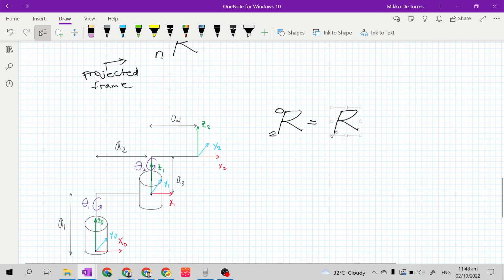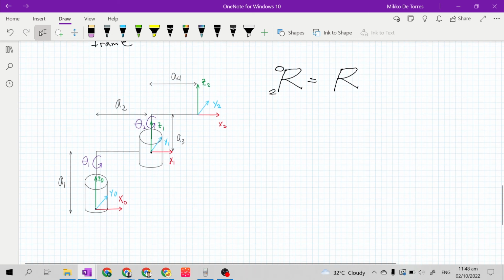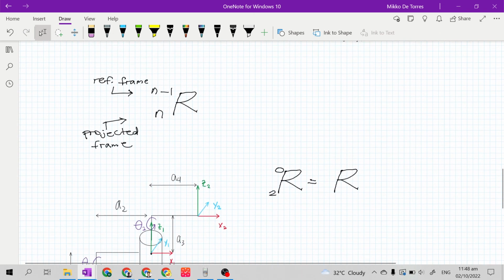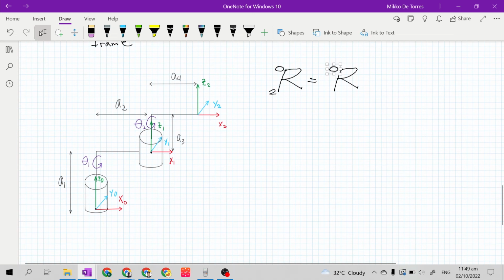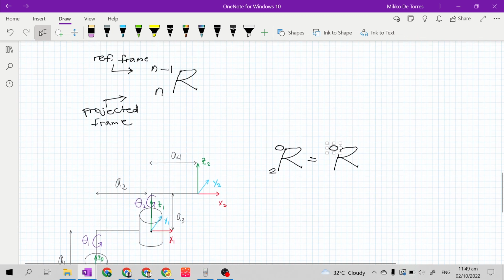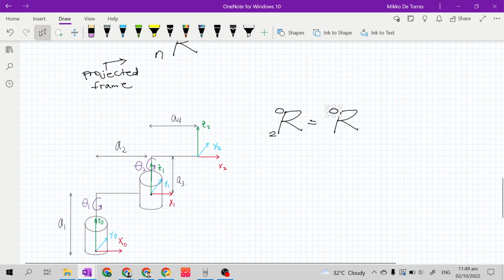So let's name the first one, from frame 0 to frame 1. Again, the superscript will be the reference frame. The reference frame is frame 0. Then the projected frame is the next frame, which is frame 1.